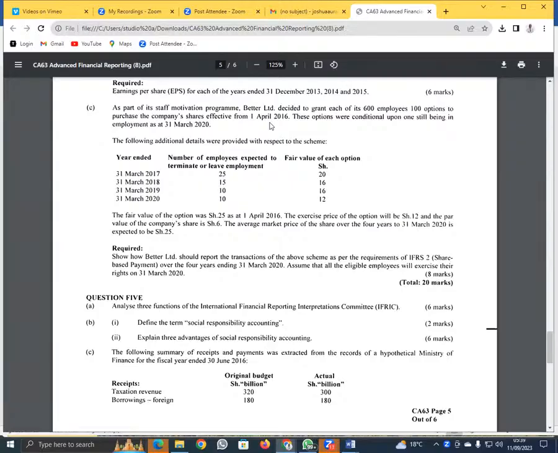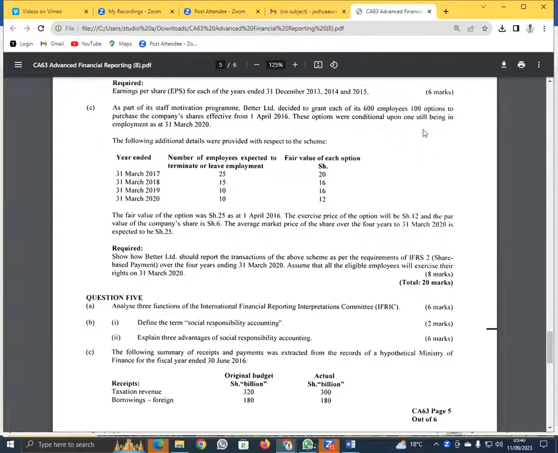Great. So we are told as part of its staff motivation program, Beta Limited decided to grant each of its 600 employees 100 options to purchase the company's shares effective from 1st April 2016. These options were conditional upon one still being in employment as of 31st March 2020.